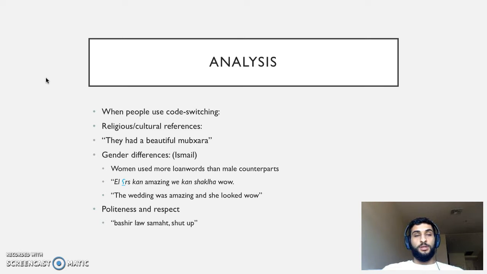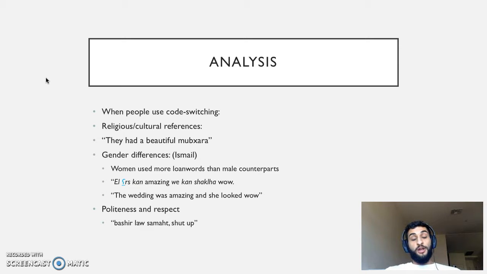So, for example, in this research paper, one of the participants was recorded saying they had a beautiful mubkhara, which basically translates to they had a beautiful incense burner. So in this case, code switching is kind of, I wouldn't say enforced, but encouraged, because you wouldn't say incense burner, especially if you're talking to someone else who knows what a mubkhara is.